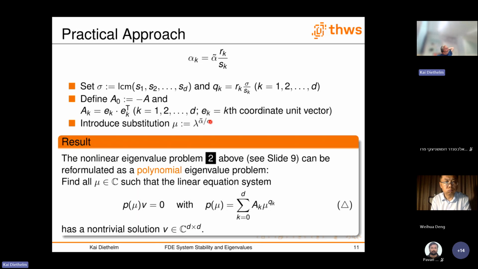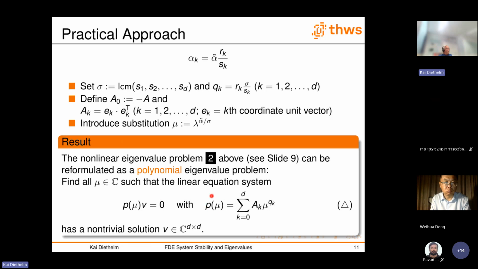And the result then is that our nonlinear eigenvalue problem is something which we can reformulate as a polynomial eigenvalue problem. So it has the same structure, some matrix valued function of the potential eigenvalue times v is equal to 0. We're looking for non-trivial vectors v which satisfy this equation system.